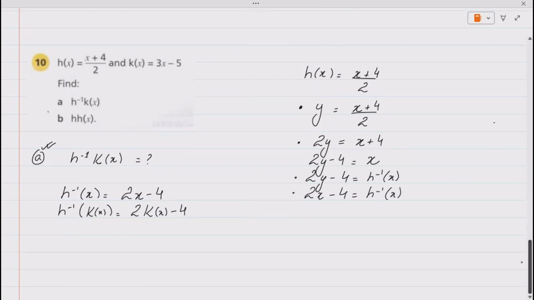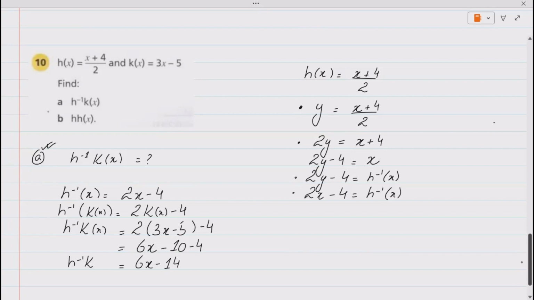So h inverse of k of x, take it as it is. Here in place of k of x, just write 3x minus 5. 3 into 2 is 6x minus 10 minus 4, so 6x minus 14. This is h inverse of k of x.